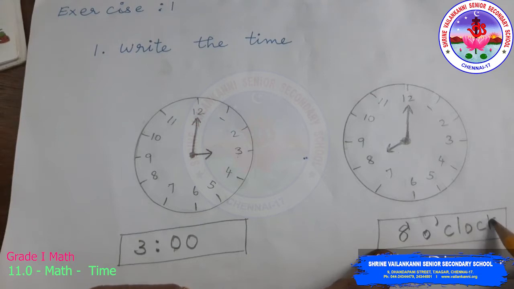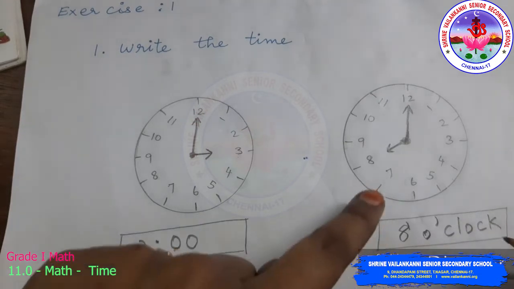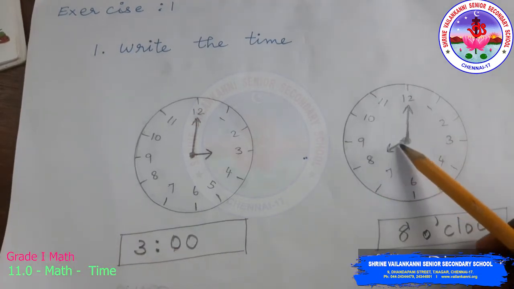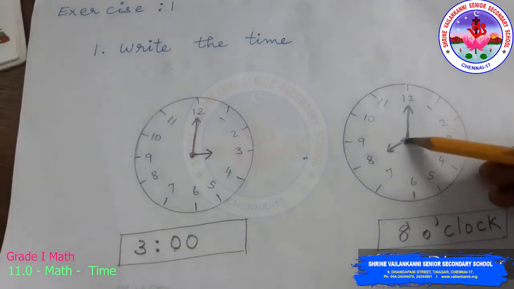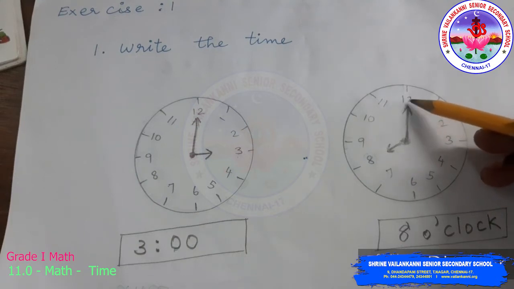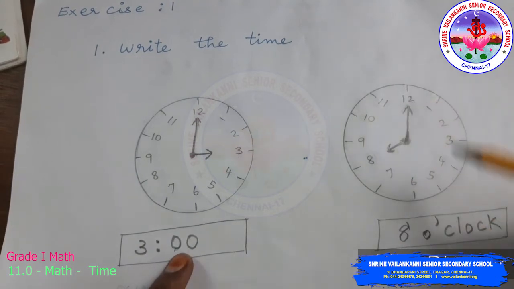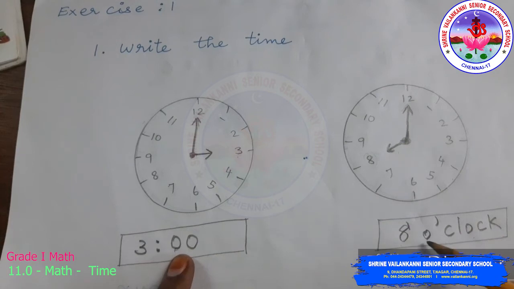This is also one way of writing it. Okay, 8 o'clock. Only you have to remember the shorthand, what number it is pointing out, that is your hour. The long hand will point at 12, that is 00, or o'clock. Should remember the spelling of o'clock. Okay, this is the correct time.